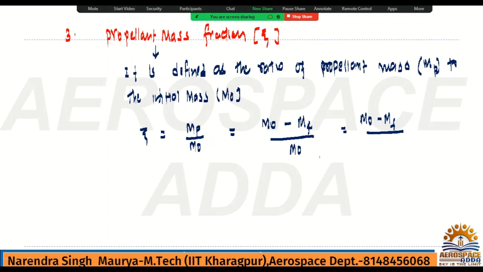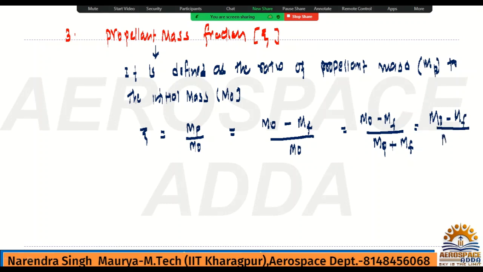And m naught, because you are talking about initial, will be the mass of the propellant, because initially propellant will be there, plus mf. Or if you want to write it completely, m naught minus mf.